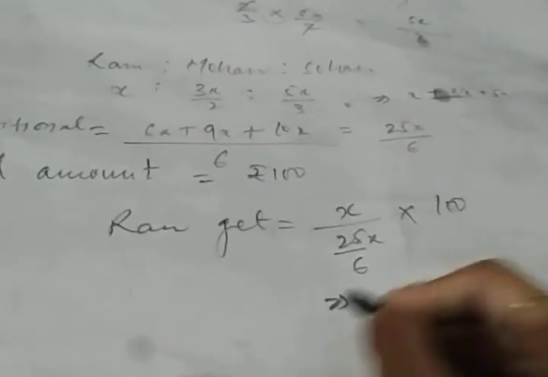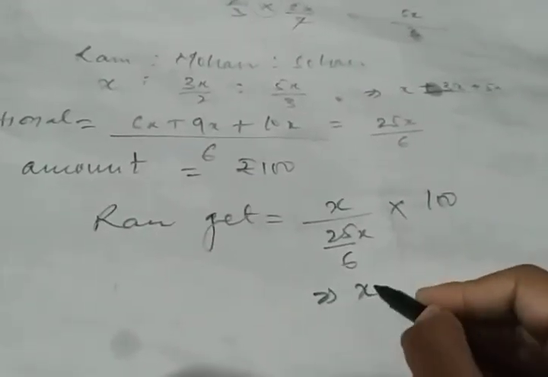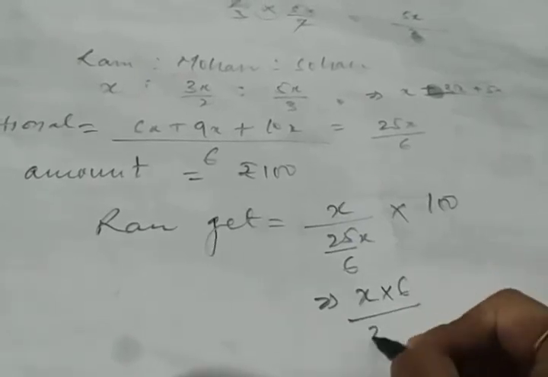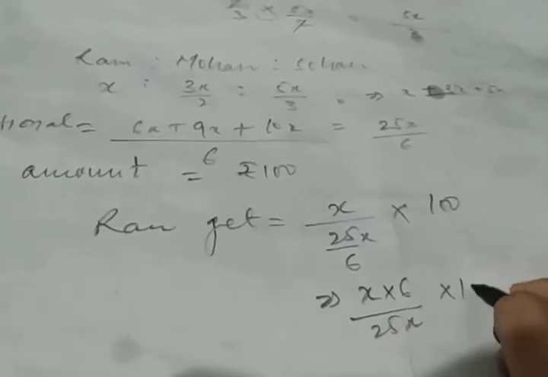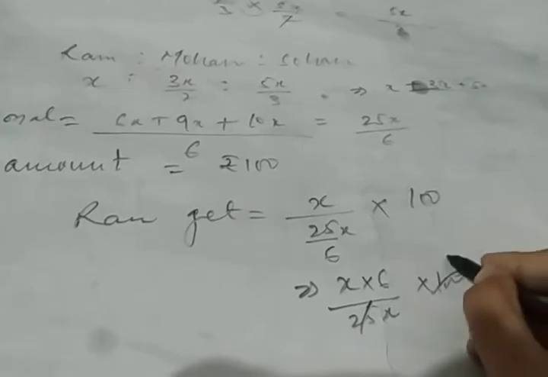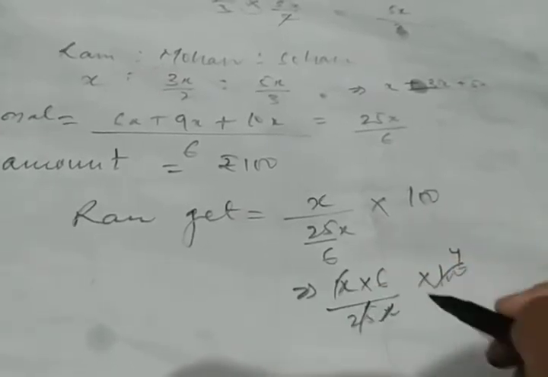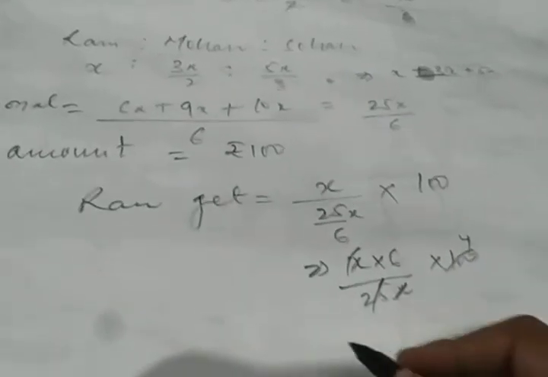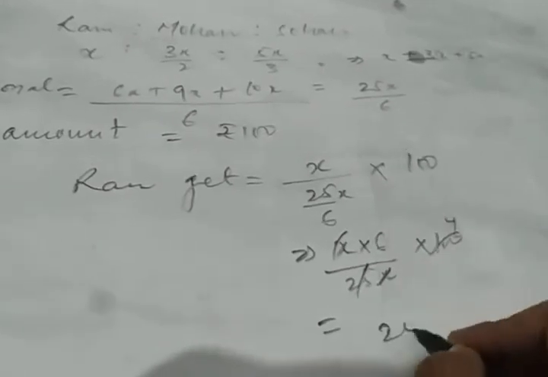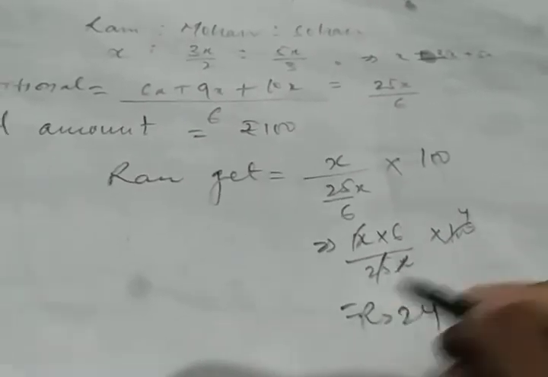We solve it: x into 6, 25 into x into 100. 25 fours are 100, so x is 4, and 4 sixes are 24. So Ram gets 24 rupees.